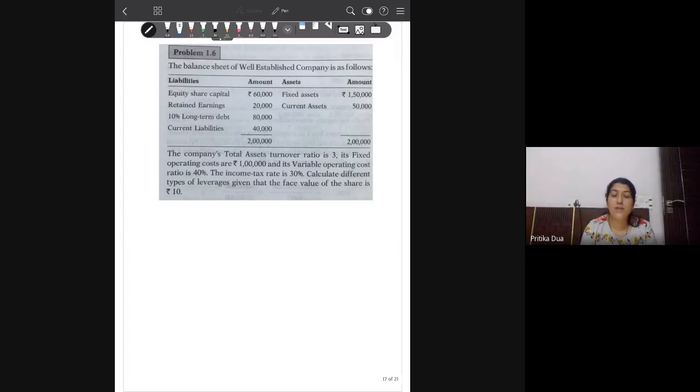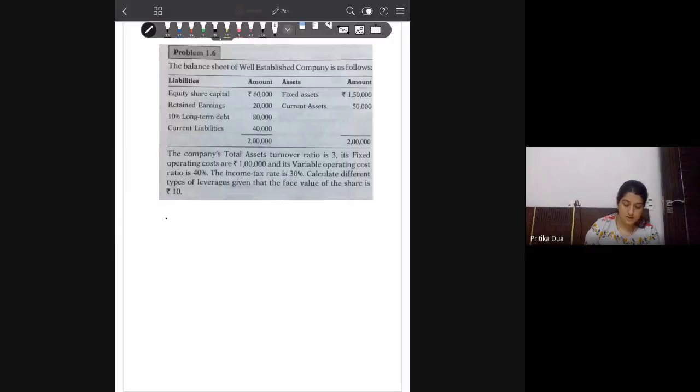You will be using the asset turnover ratio to calculate the sales revenue. Accordingly, the asset turnover ratio is equal to sales divided by the fixed assets. Sorry, we take the total assets, not only the fixed assets, but the total assets of the firm.